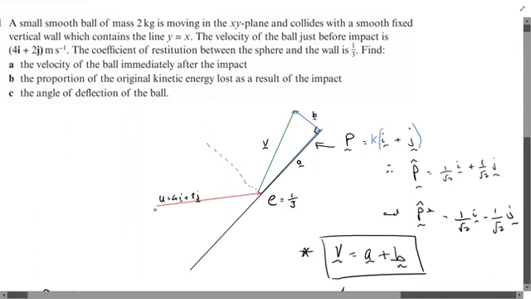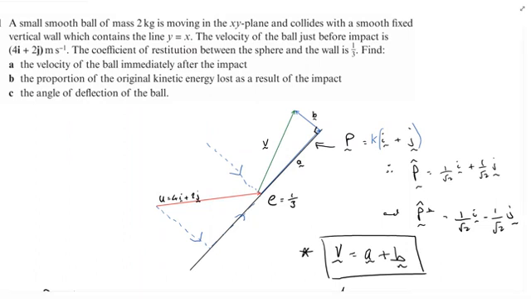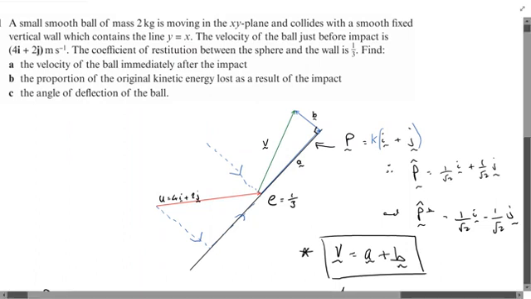Because I'm going to project this velocity into this direction and indeed this direction, I've got to make sure that I choose the perpendicular vector that's going into the wall like this, which is going to be 1 over √2 i minus 1 over √2 j.